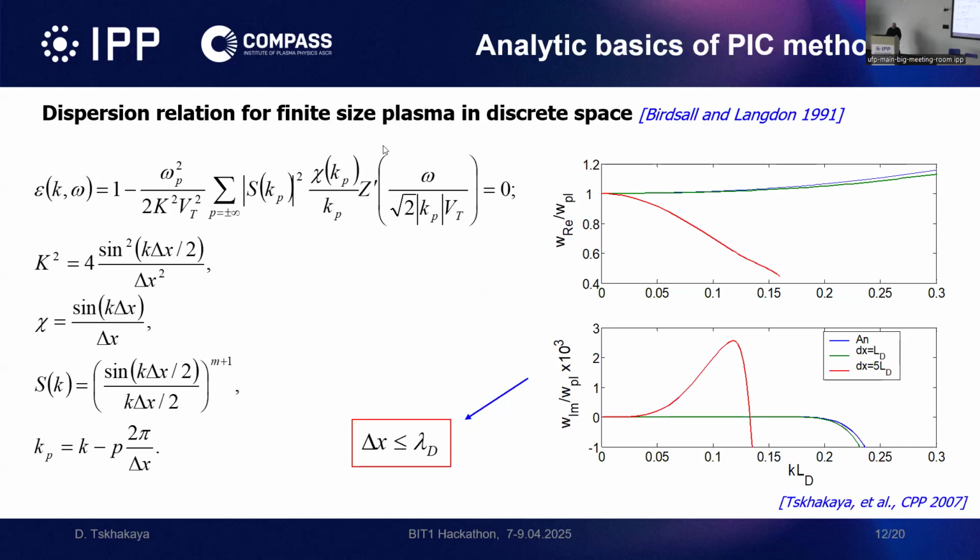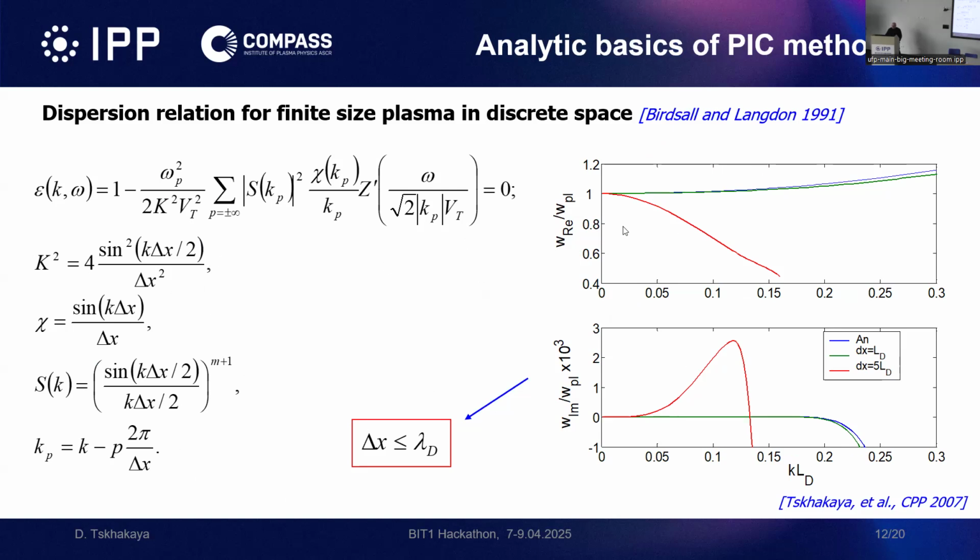Now, all these conditions are not coming from just thumb rules, because you can go to very strict theory of particle simulations. For instance, you can develop a model of finite size particles in a discrete space, and then the corresponding dispersion relation will have this shape, where S is the Fourier transform of the particle shape in the usual space, so it's finite size. Then you can solve this equation.